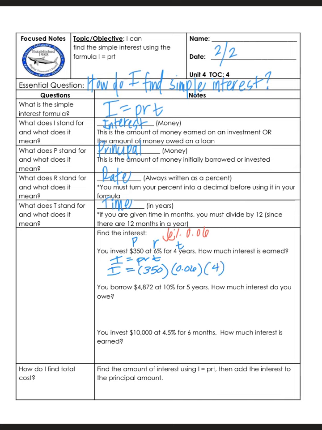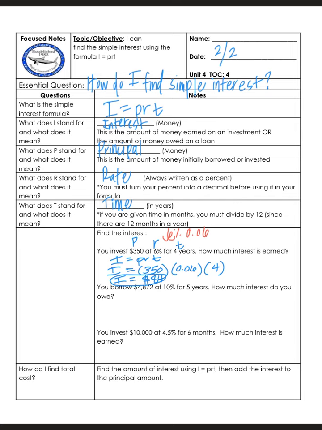So once you plug those things into your calculator, into Desmos, you're going to get I equals 84. So that's $84. So I equals $84. And so that means by that $350 just sitting in that account for 4 years at 6% interest rate, you're going to gain $84.